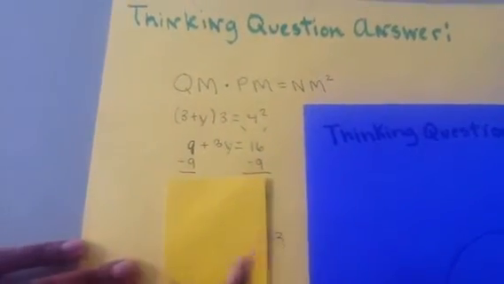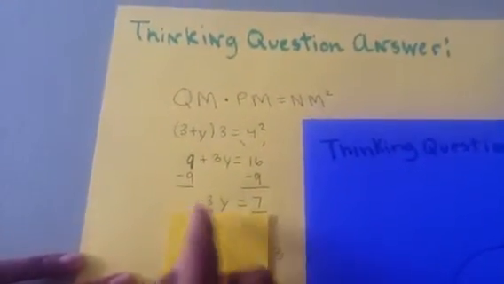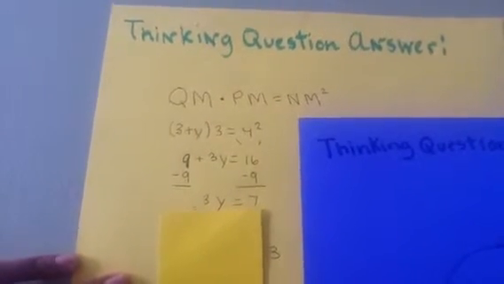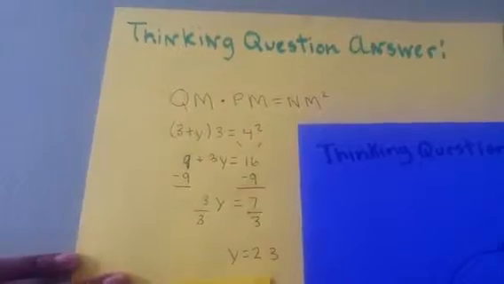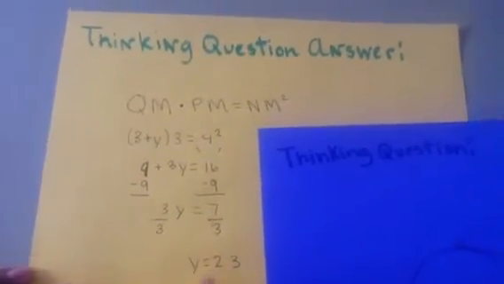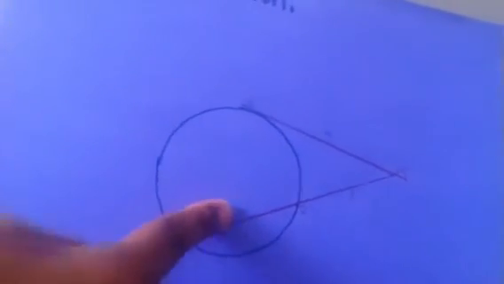Then you subtract 9 from both sides, and you get 3Y equals 7. You divide 3 from both sides, and you get Y equals 2.3. So Y equals 2.3. QP equals 2.3.